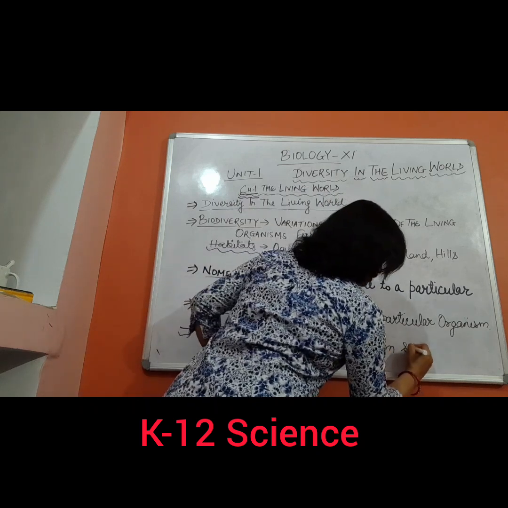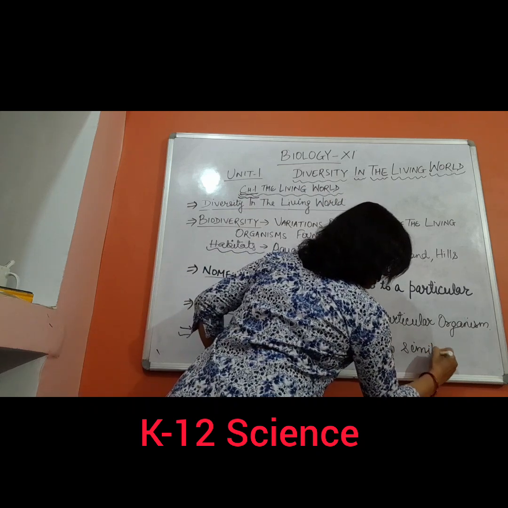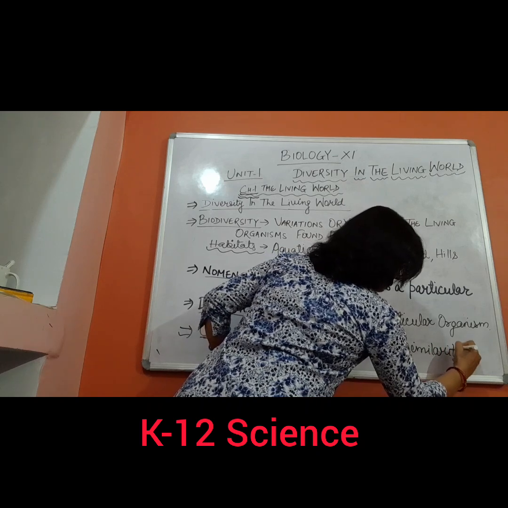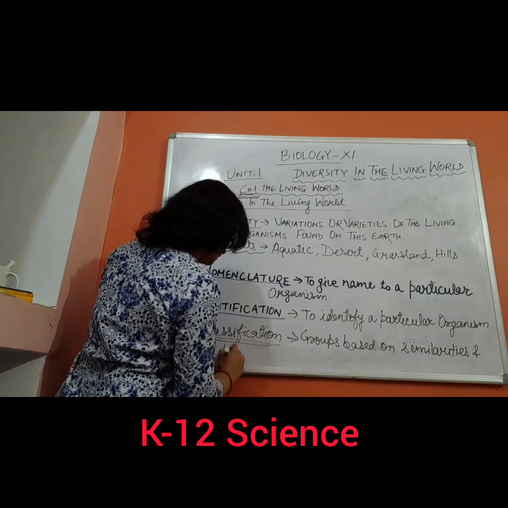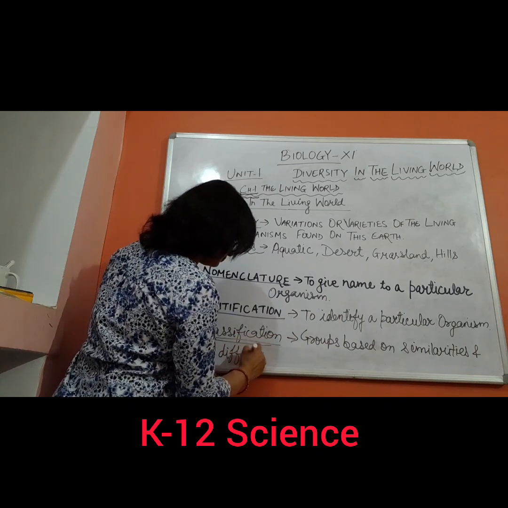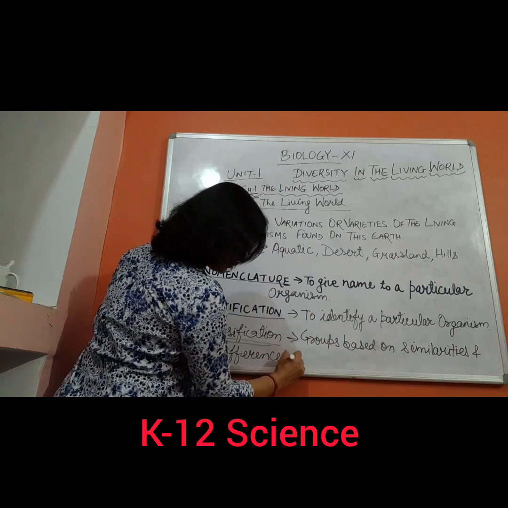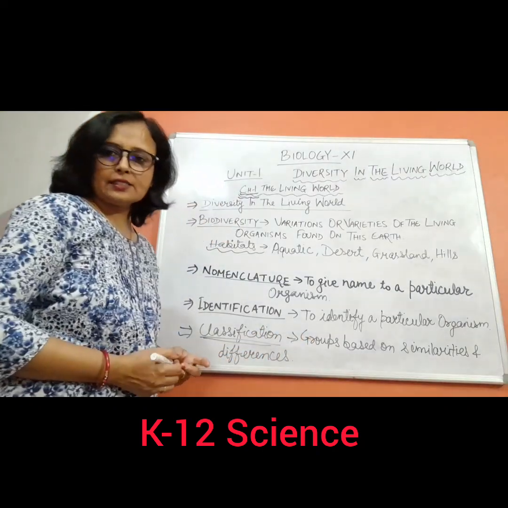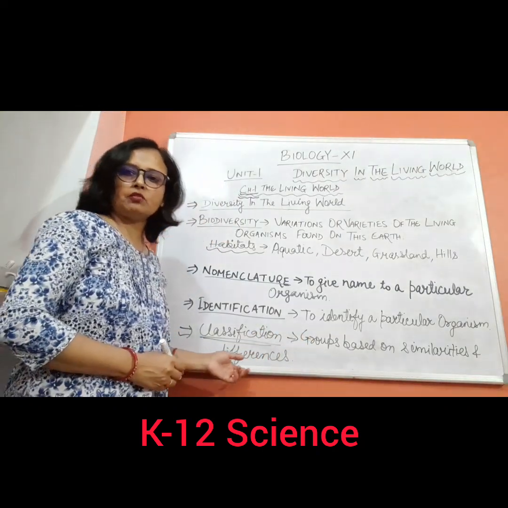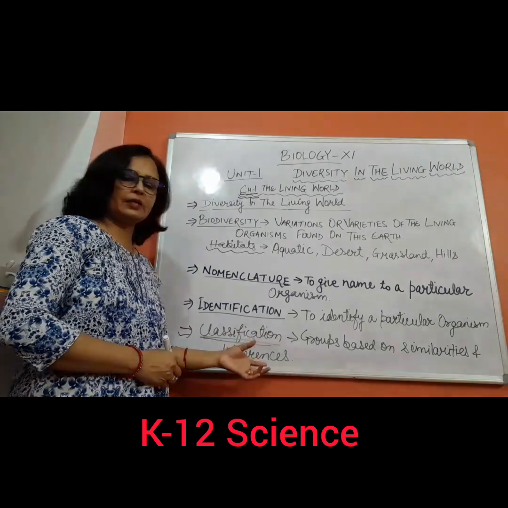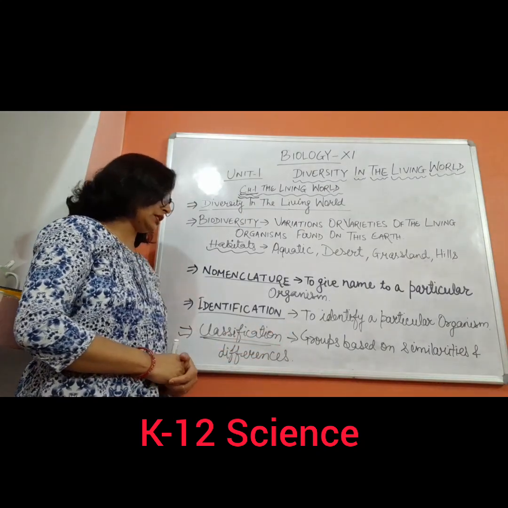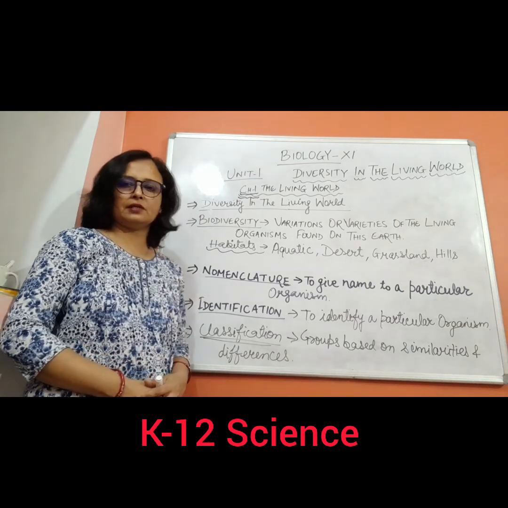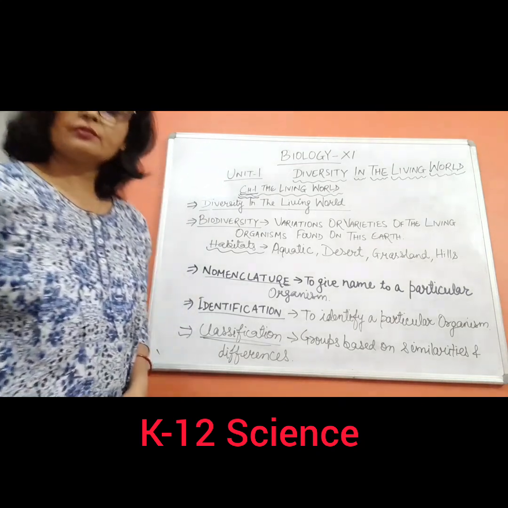When we classify living organisms, we need to know what the similarities and what the differences are in a particular living organism. So on the basis of that only we can classify the different kinds of living organisms.